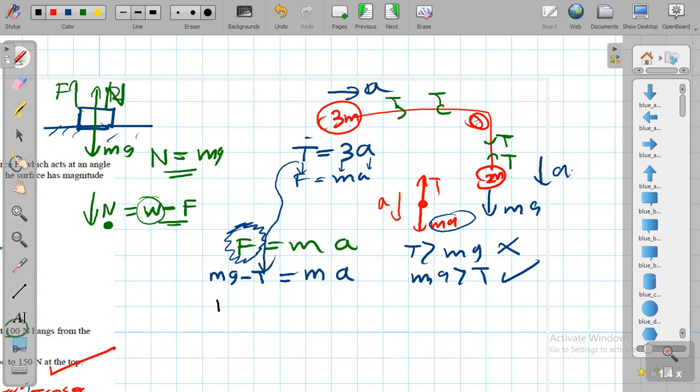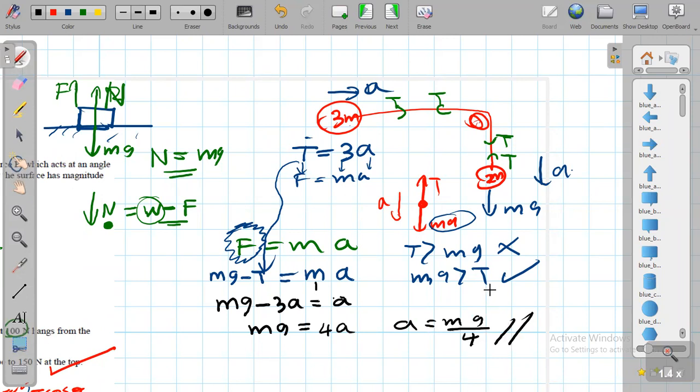This is the long method. Mg minus 3Ma equals M into a. This is Ma. Mg equals 4Ma. So a equals g over 4.